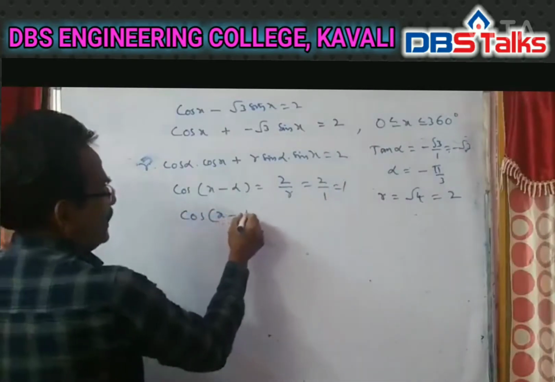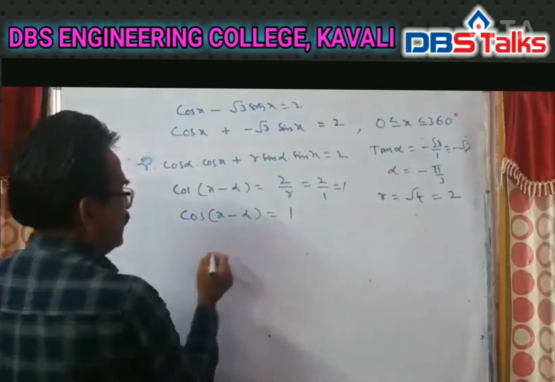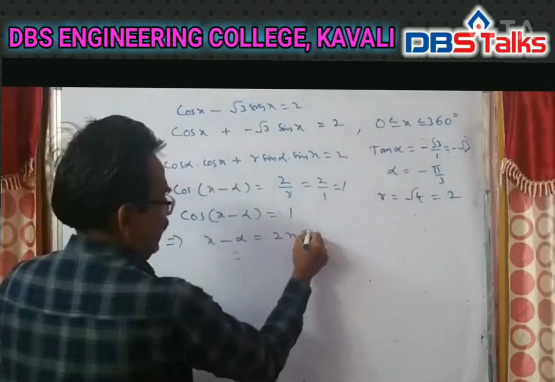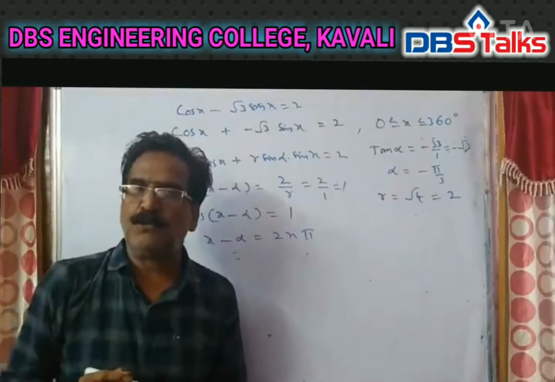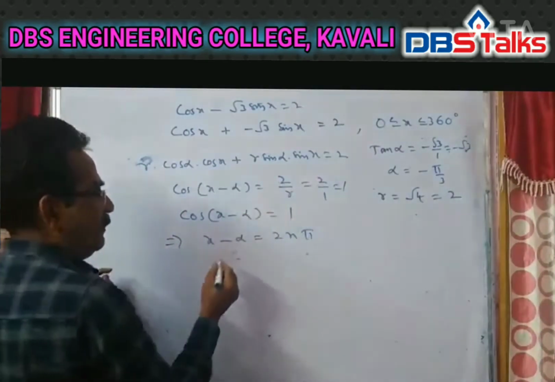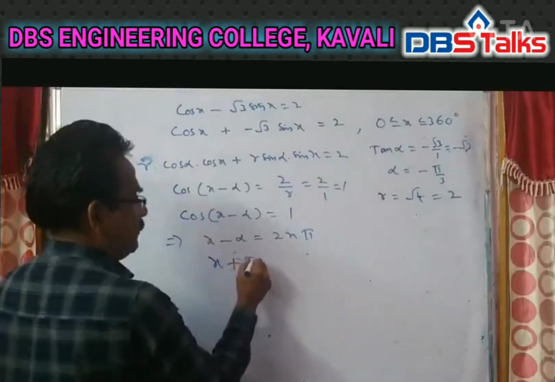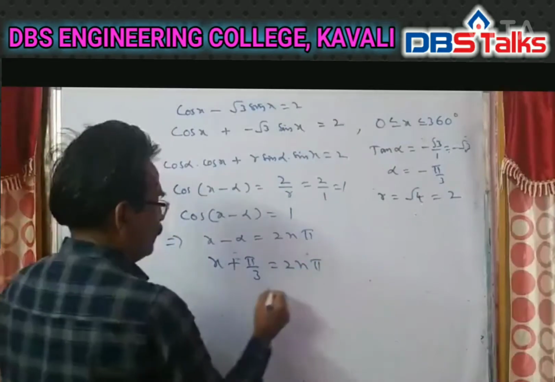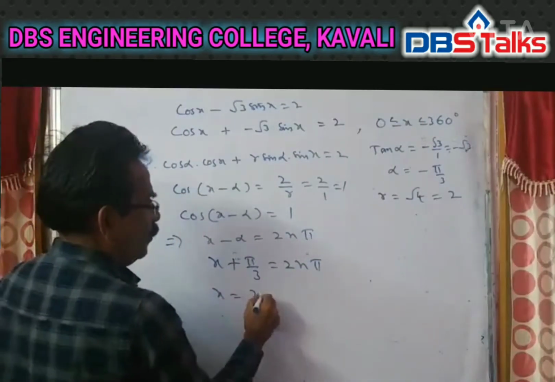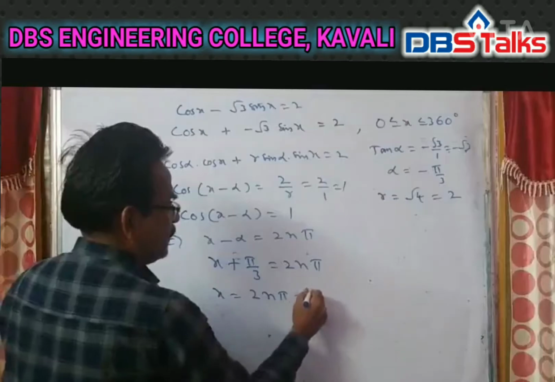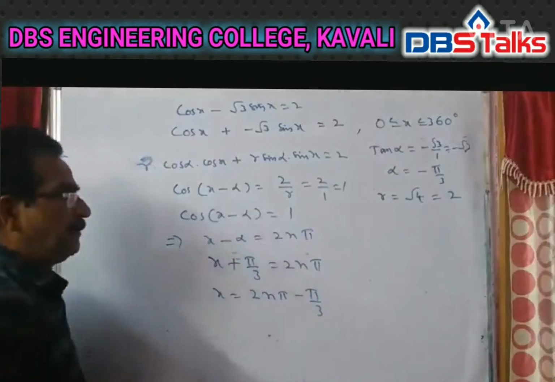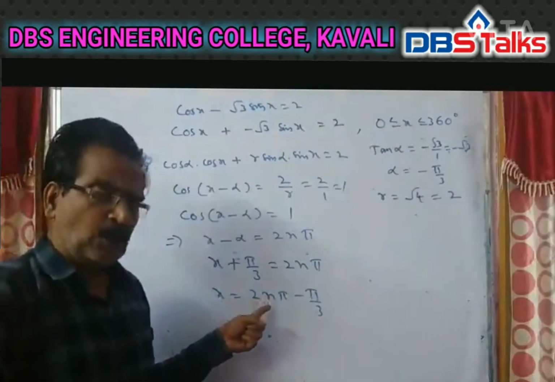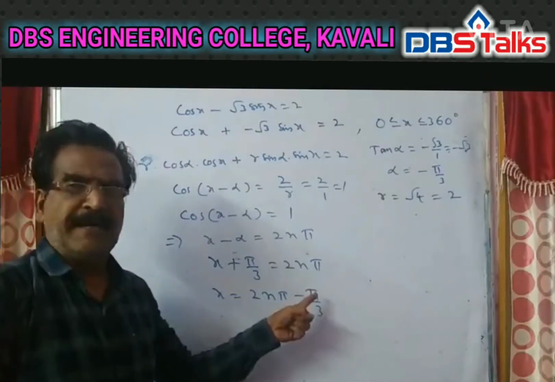Cos of x minus alpha is equal to 1 implies x minus alpha is equal to 2n pi. What is alpha? Minus pi by 3. That is x plus pi by 3 is equal to 2n pi. X is equal to 2n pi minus pi by 3. See friends, if x is equal to 0, the value becomes minus pi by 3.